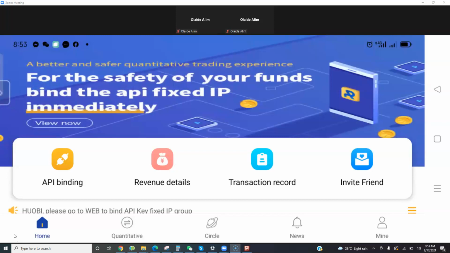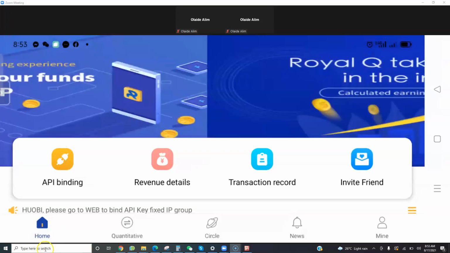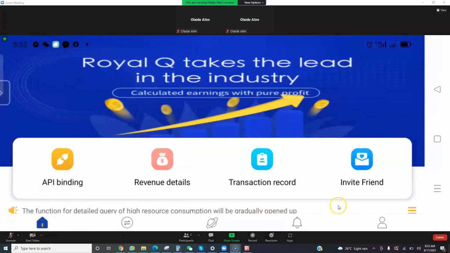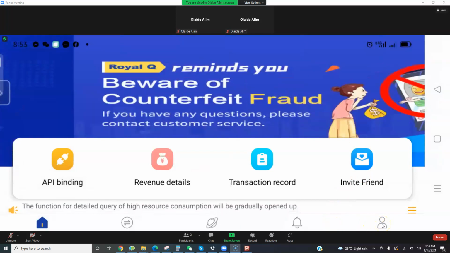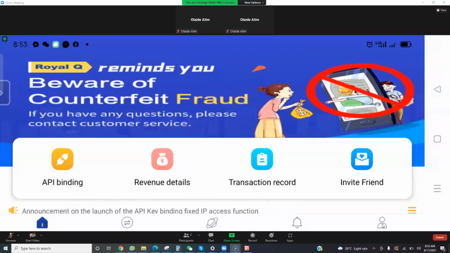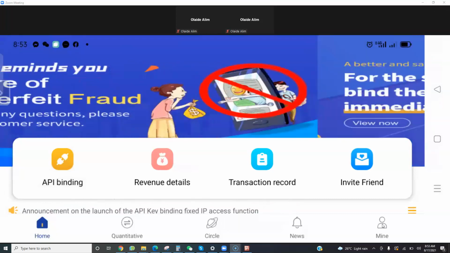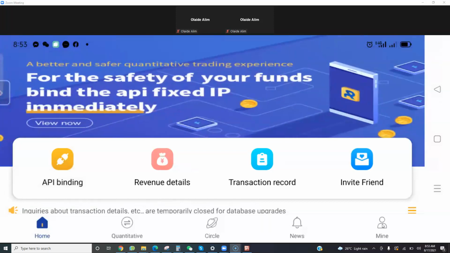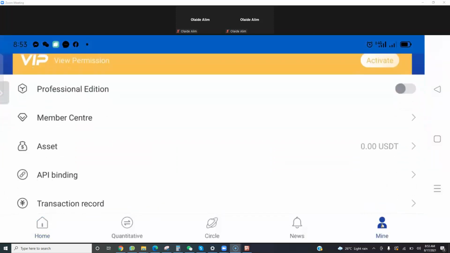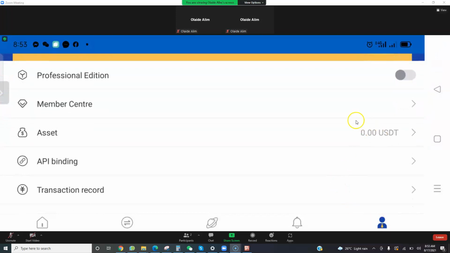When you click on mine, you should have $20 where you see assets here.